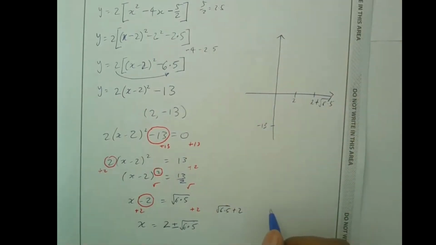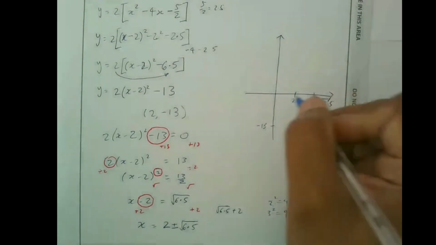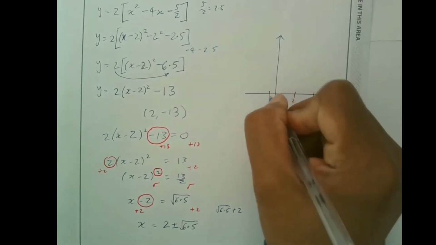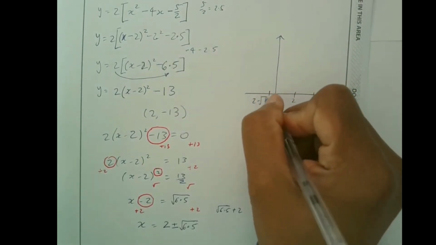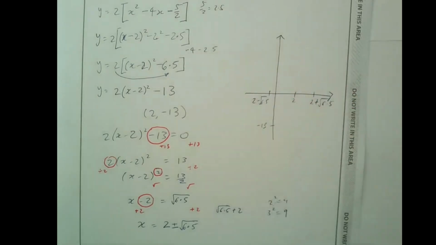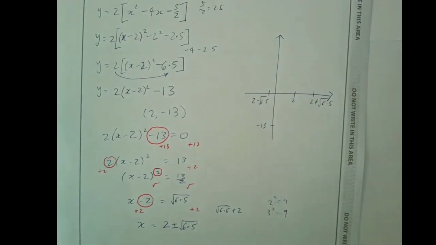If I think about it, 2 squared equals 4, 3 squared equals 9, so it's in between 2 and 3. So is it going to be a negative? I'm not sure, but I can just write it here as 2 take away root 6.5. As it's a sketch, it should be fine.